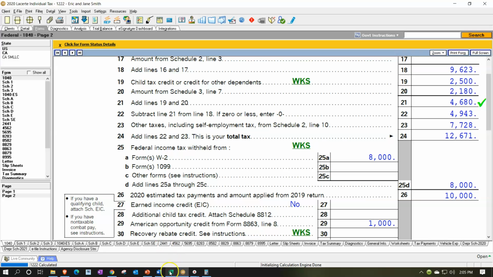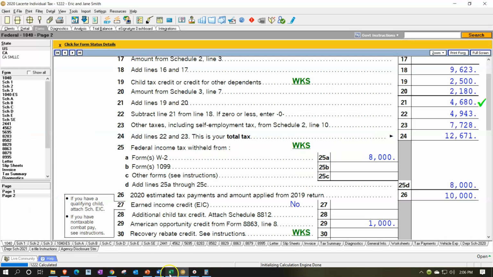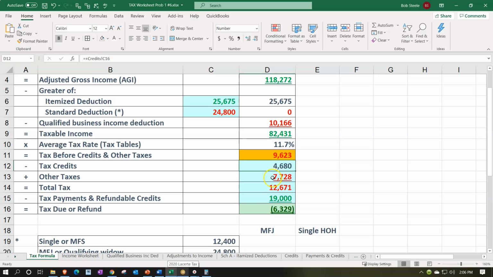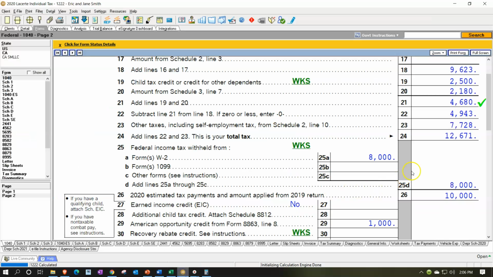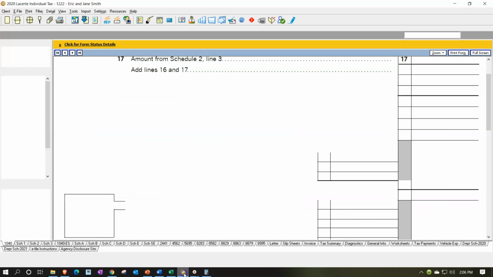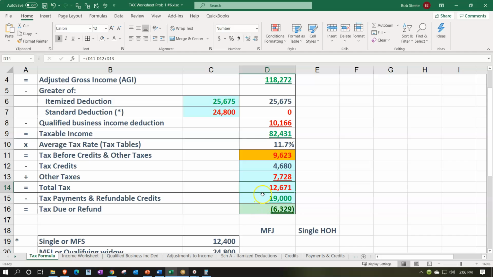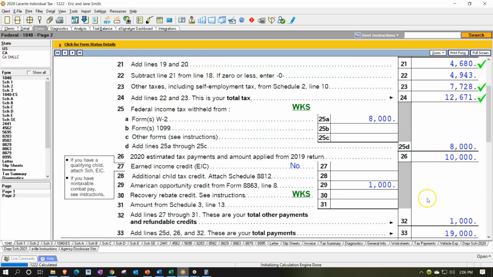Looks good. And the next one we have is, hold on a second. Next one, the credits. Then we've got the other taxes, 7728, self-employment tax. That shouldn't change. That's good. And then we have the total taxes, 12,671. Then we have the payments down here, which include the withholdings, and then the estimated payments that we made, as well as the refundable tax credits, adding up to the 19,000.